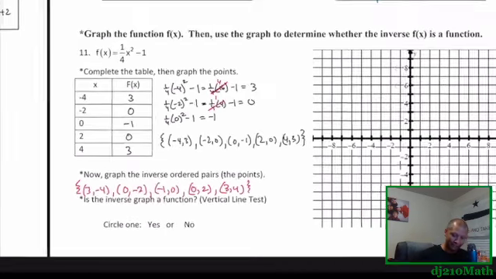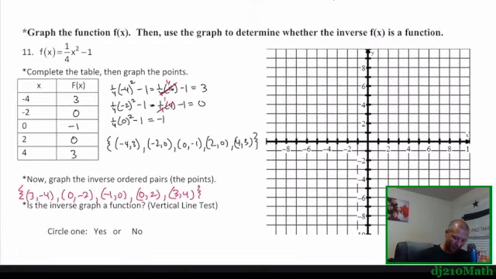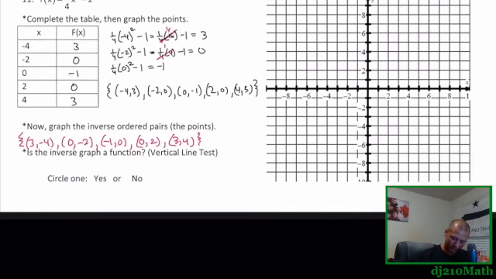All right, we have to plot these. So if we plot these points, we're going to get 3, negative 4. There's 3, negative 4. 0, comma 2, or sorry, 0, comma 2 is here, but 0, comma negative 2.